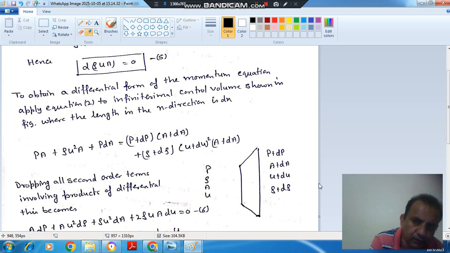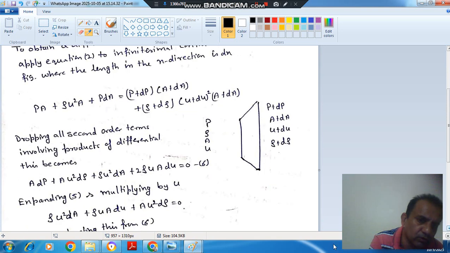Okay, so after cancelling terms and dropping small terms, we will get this equation: A dP, plus A U square d rho, plus rho U square dA, and if we solve it, we will get U square plus du square, that is 2U du.